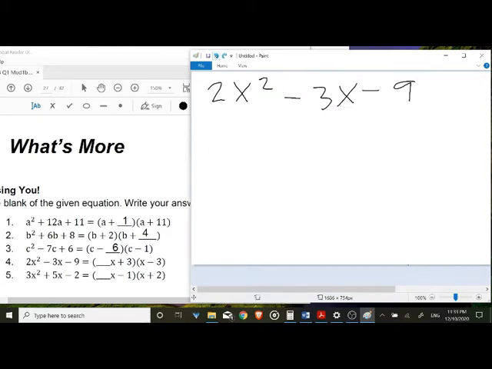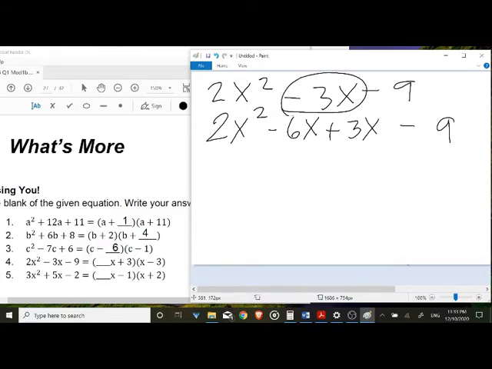So, expand lang natin si middle term: plus 2x squared minus 6x plus 3x minus 9. So, ito si middle term expanded. Negative 6x plus 3x is equal to negative 3x.